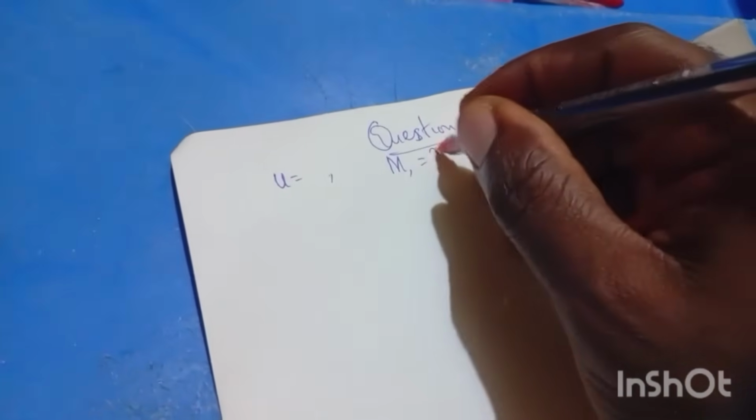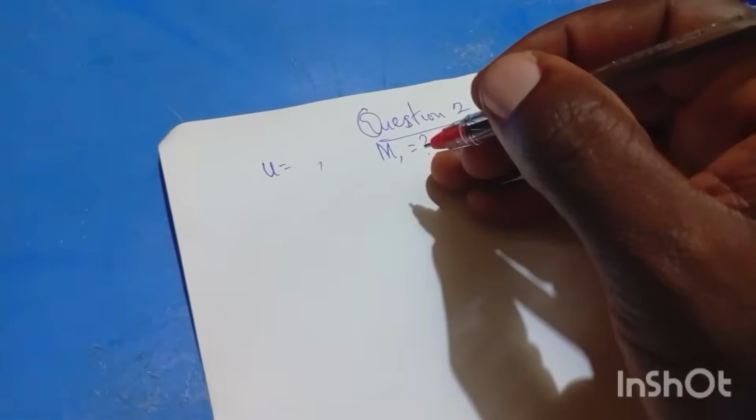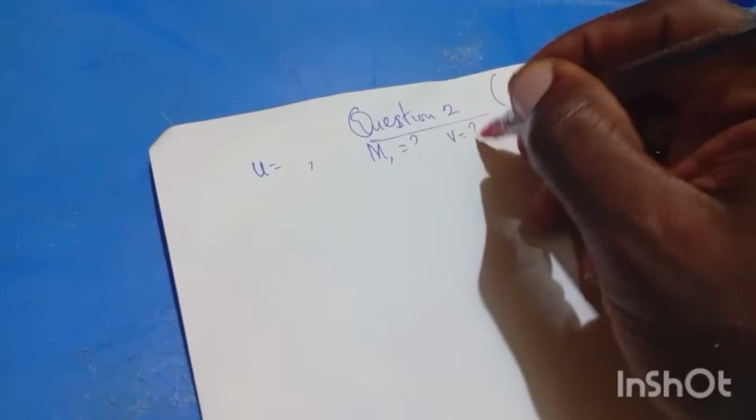In the question, they gave us values of u, and they said we should find m. Definitely, if you need to find m, we need to find v. And likewise, what about the f?